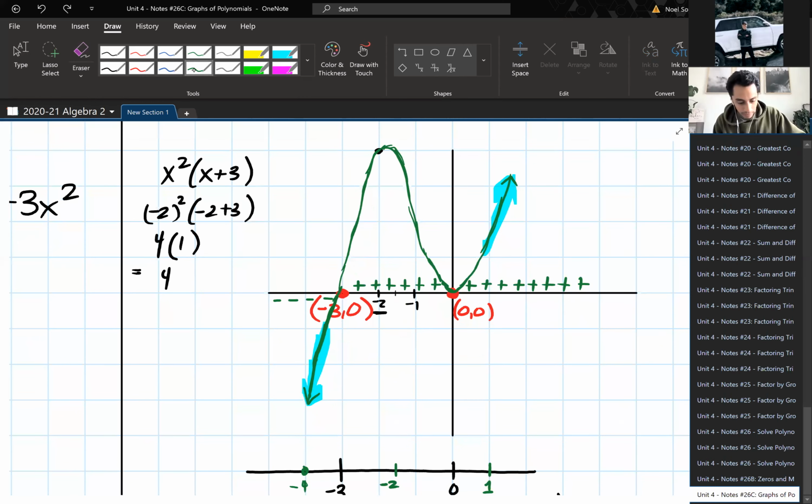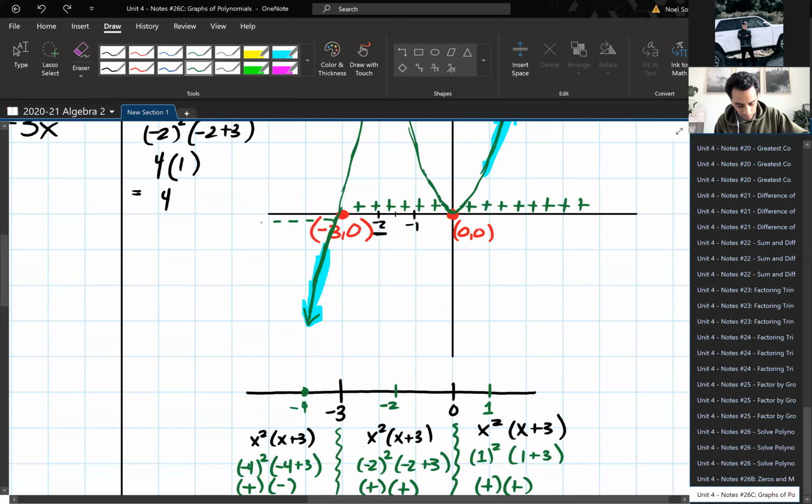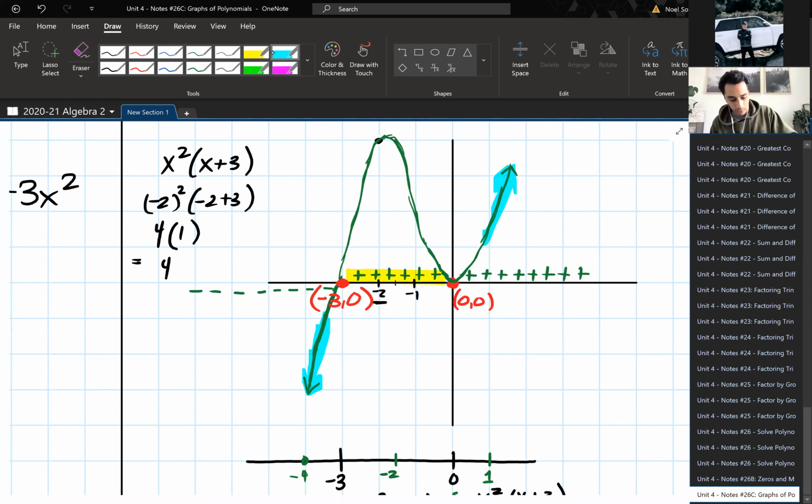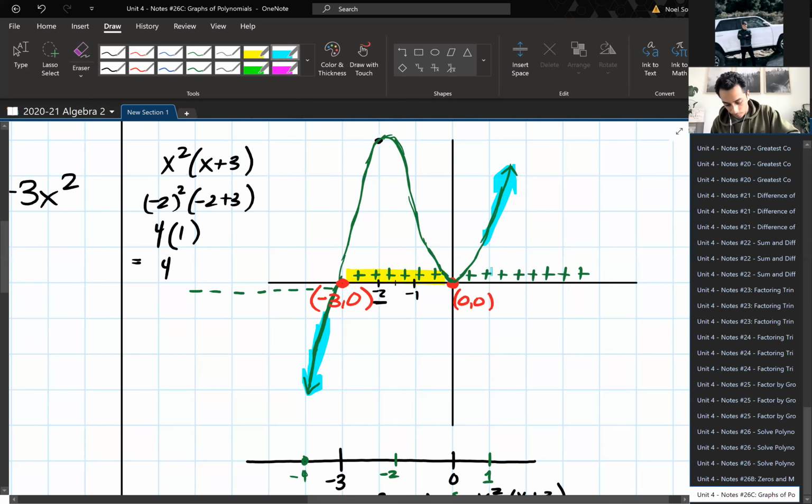Not only that, we did sign analysis, which tells us that everything to the left of -3, the curve will be below the x-axis. Everything between -3 and 0, the curve will be above the x-axis. So everything right here, notice that all of our green is above the x-axis. And then after 0, it's all positives. So this curve needs to be above the x-axis.